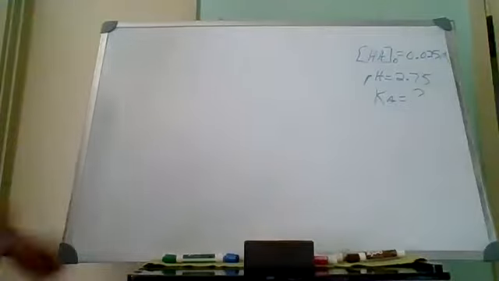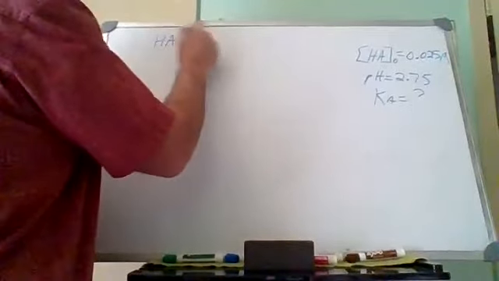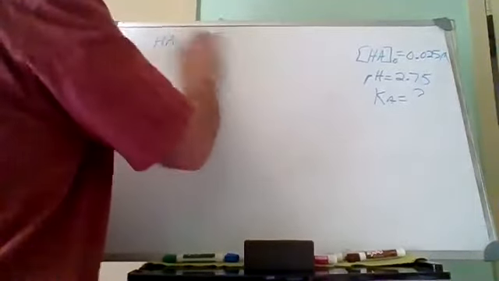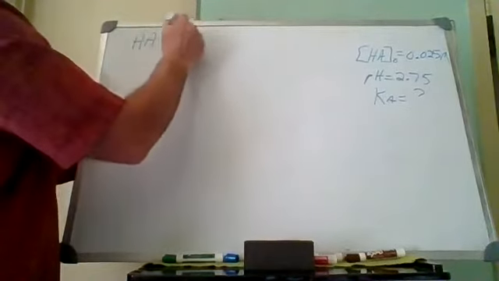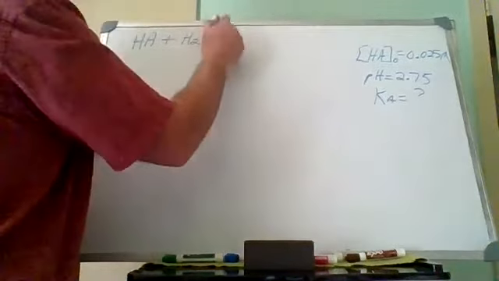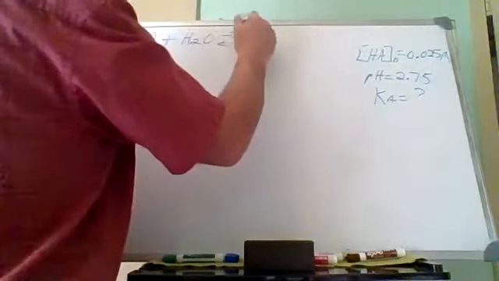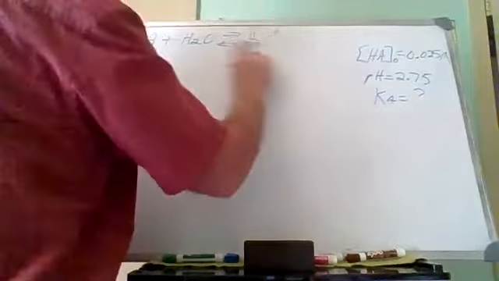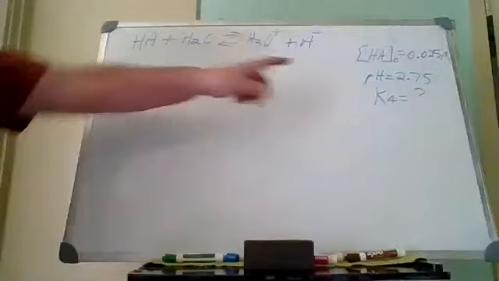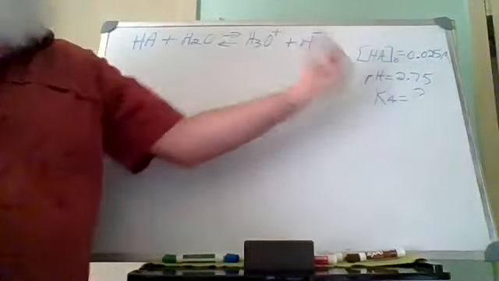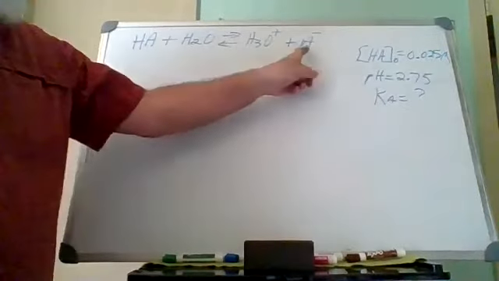Remember, you should remember this general form for the dissociation of any weak acid in water. It's always going to be the same. So rather than writing the formula for lactic acid, I'm just writing A. This A minus would be lactate.